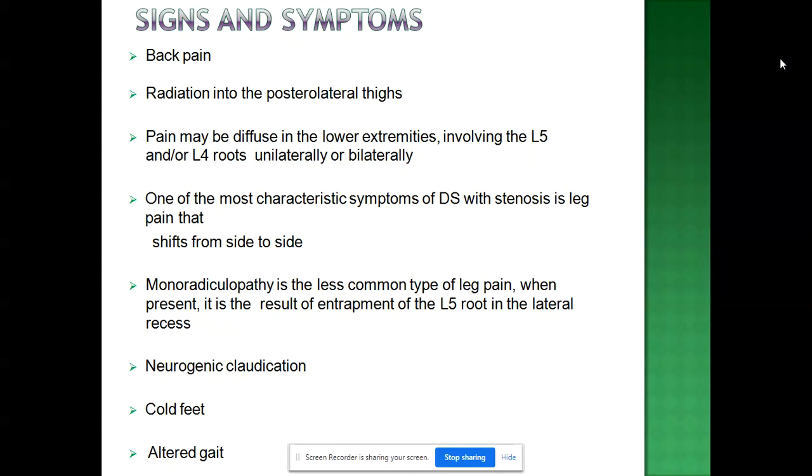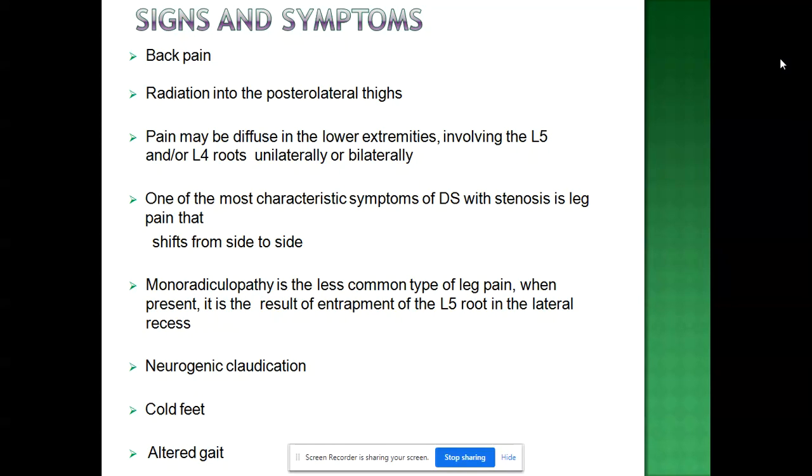Pain may be diffuse in the lower extremities involving L4, L5 roots unilaterally or bilaterally. Depending on the structures involved, if bilateral nerve roots are getting compressed, then the patient will have bilateral symptoms. If only one side of the nerve root is getting compressed, then the patient will have unilateral radiation of the pain.